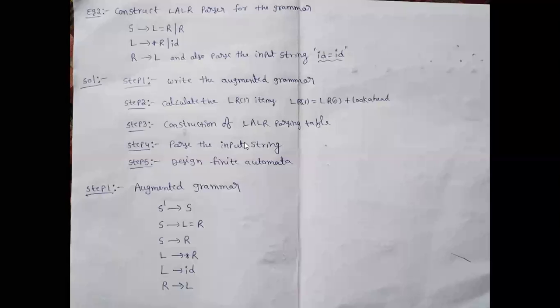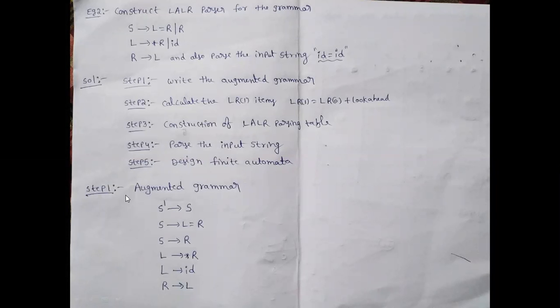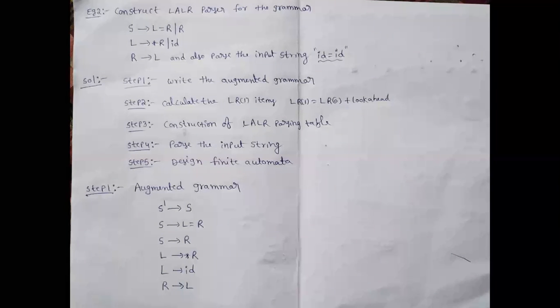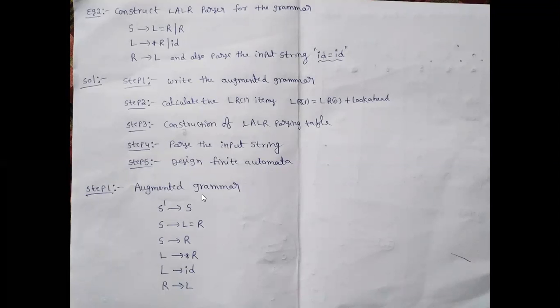Then we have to construct the LALR parser. First one, the augmented grammar. How do we write the augmented grammar? The given grammar is taken, and for its starting symbol we add one more production to that grammar; that grammar is said to be an augmented grammar. In the given grammar the starting symbol is capital S, so we add the production S dash produces capital S. This is the added production to the given grammar, so that grammar is called the augmented grammar.